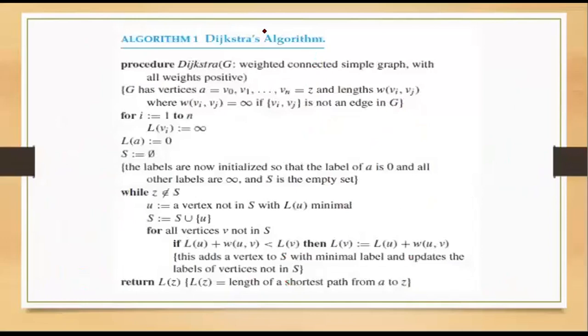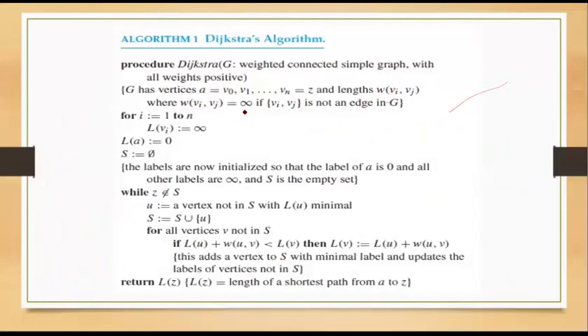So the procedure is, we have to give the inputs as a weighted connected simple graph with all weights positive, and the graph will have vertices as V0, V1 up to Vn, where A is the initial vertex, Z is the terminal vertex, and the lengths or weights are given as w(Vi, Vj).